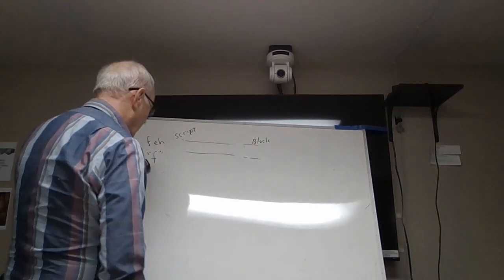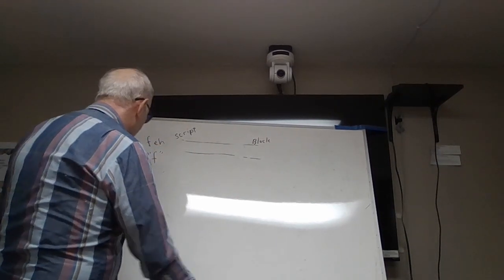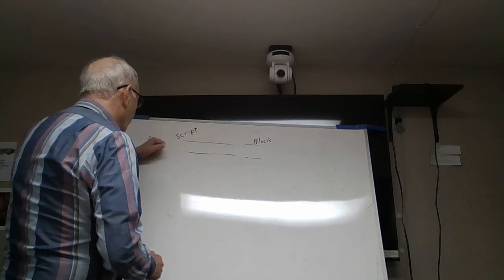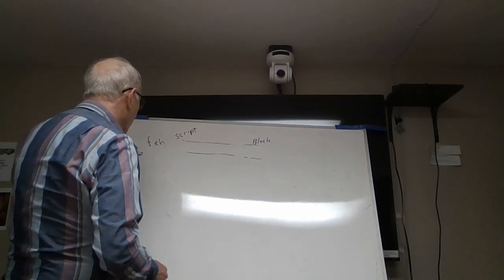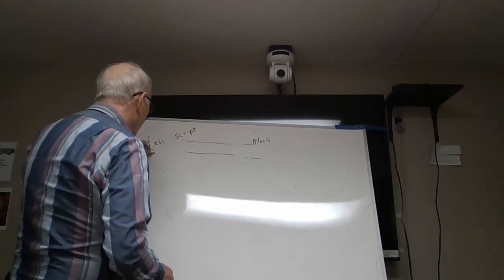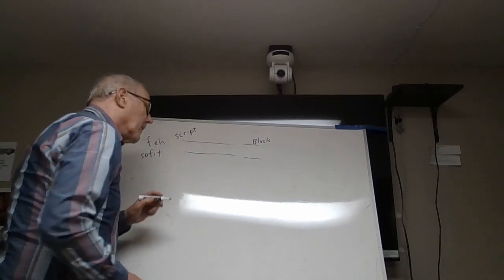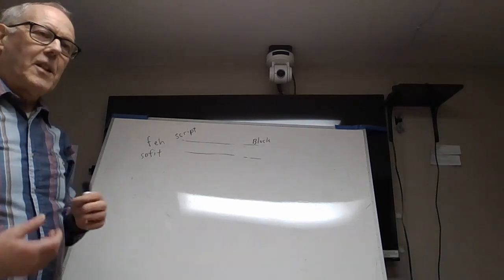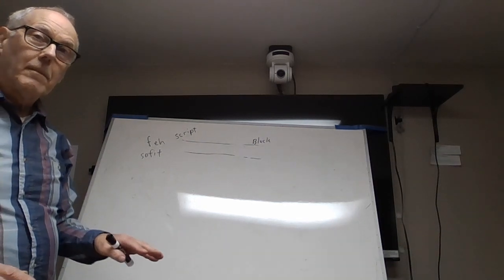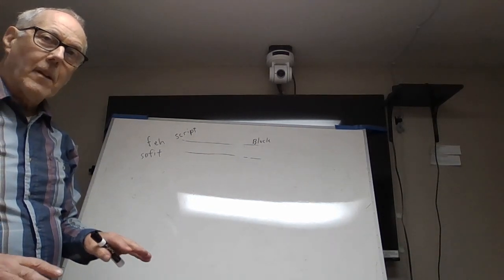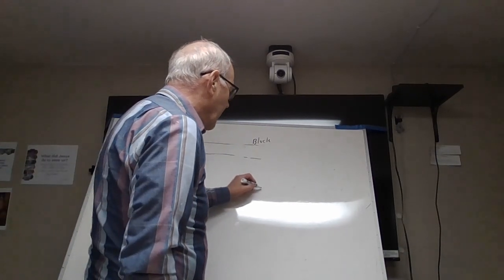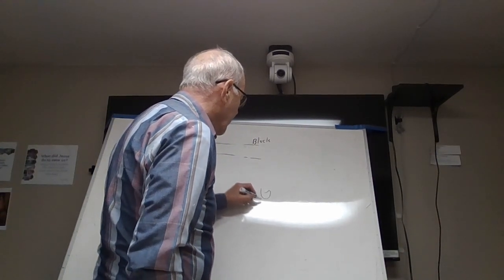Okay, what if this letter comes at the end of a word? We have a special form called Fe Sofit. There's no special form for Pay. If a Pay comes at the end of a word, it's not a Hebrew word.